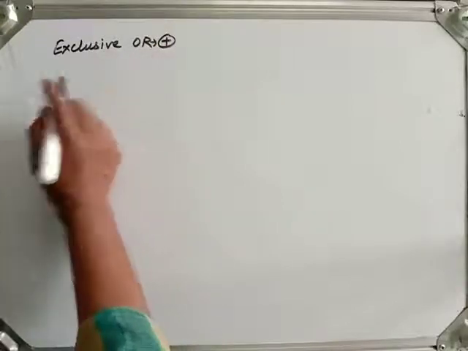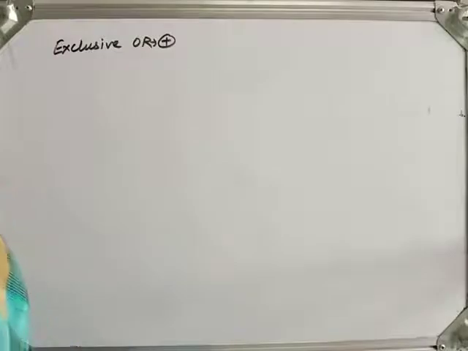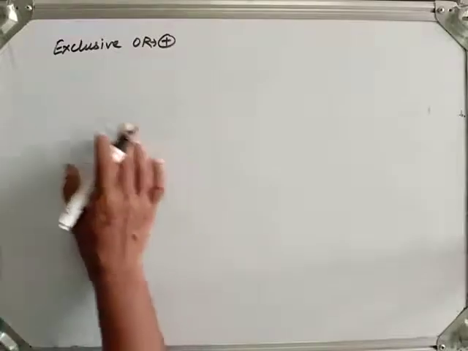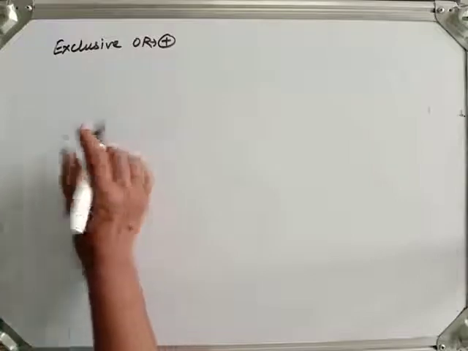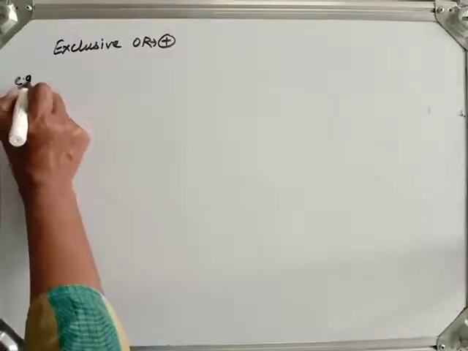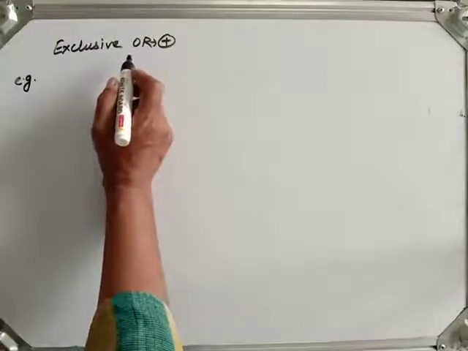And you know, an assertion which contains at least one propositional variable is called a propositional form. Let me tell you first what is the difference between exclusive OR and inclusive OR. For that, let me take an example, and later on I will explain the truth table for exclusive OR also.